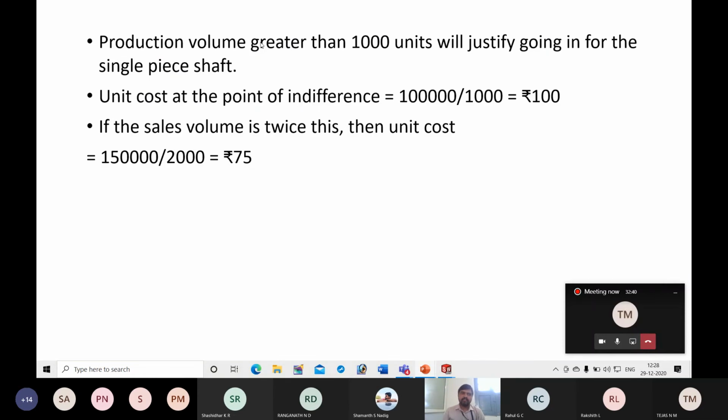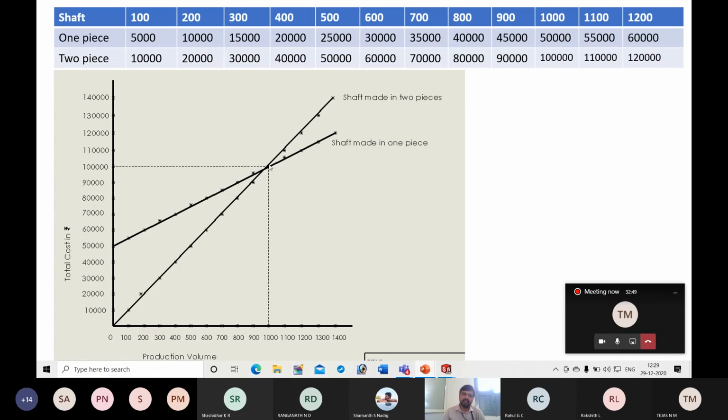So based on that, a production volume greater than 1000 units will justify going in for the single piece shaft, as we discussed here. This is the total cost. Till 1000 units, the total cost of the shaft made in two pieces is less than the total cost of the shaft made in one piece.